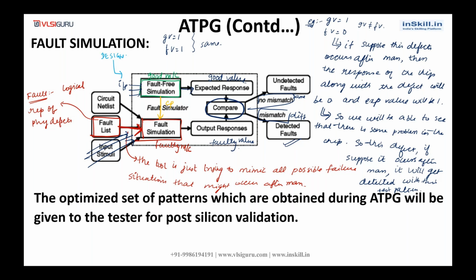It implies that if this defect occurs after manufacturing, then the response of the chip along with the defect will be 1 and expected value is also 1. So we will not be able to see that there is some problem in the chip. So if this defect occurs after manufacturing, it will not get detected. That is what it implies.